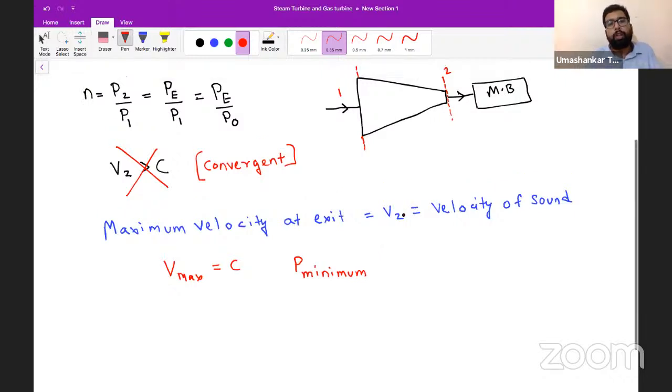This velocity of sound we achieve at the throat, represented by 2 here. So the maximum velocity at the exit is the velocity of sound. We cannot have more velocity than it. In the same way, velocity is very much related with pressure. Listen very carefully: we cannot reduce the pressure.